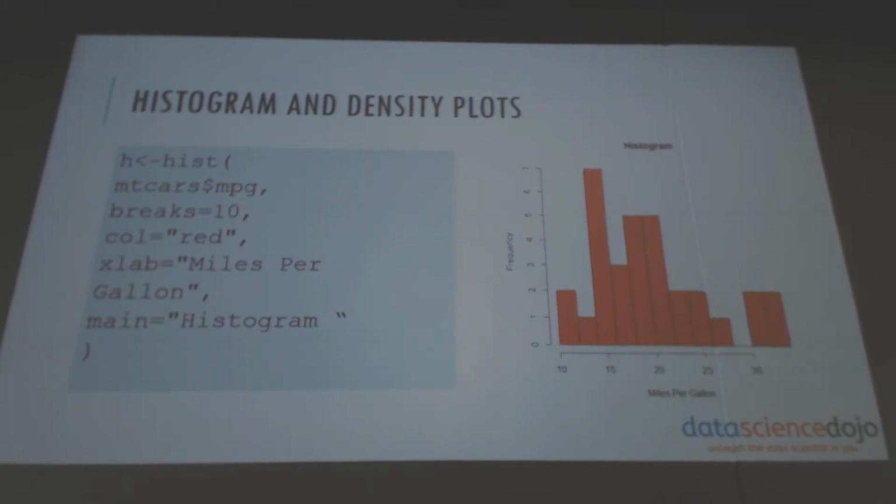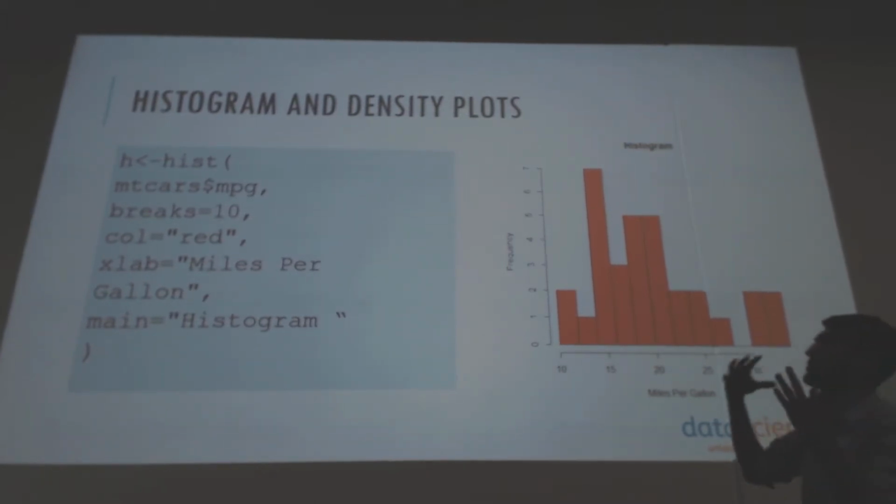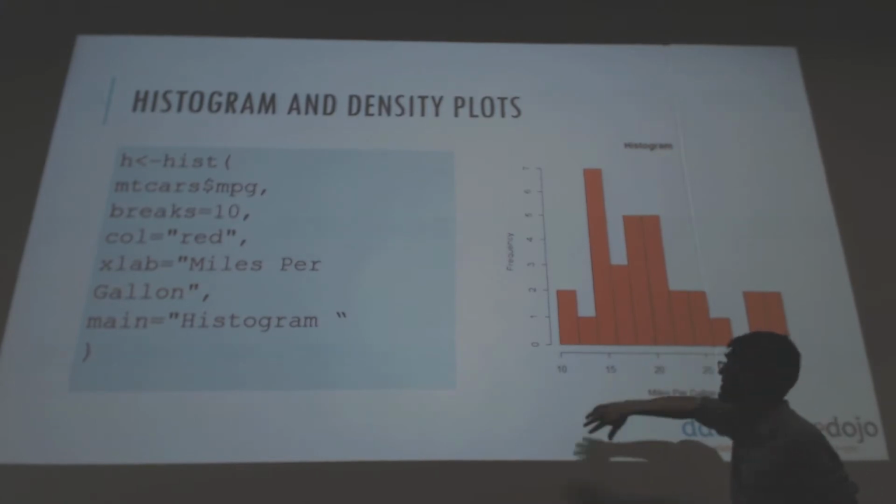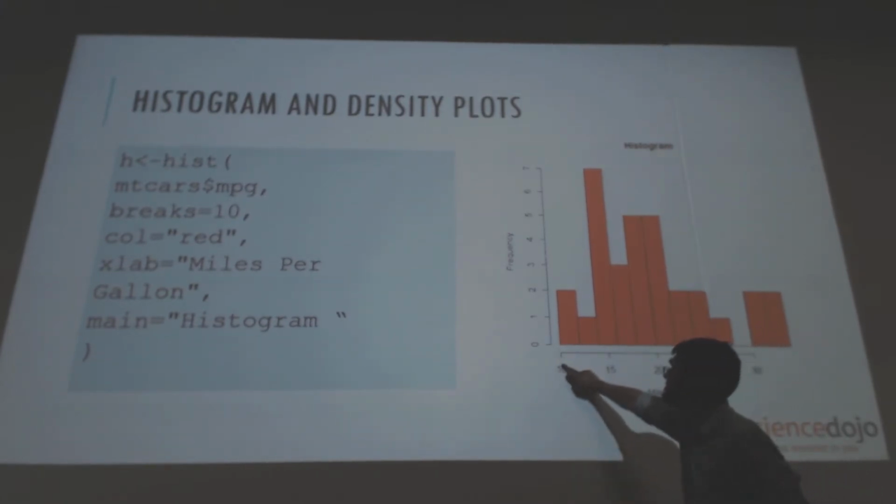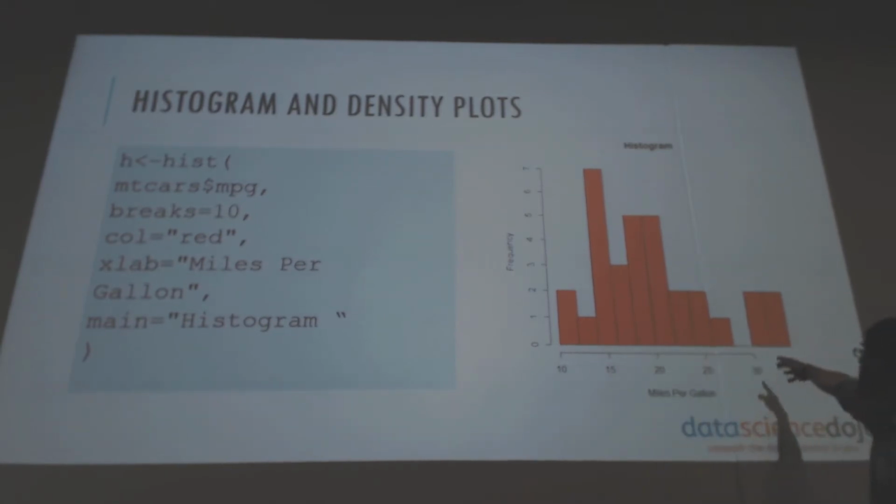So you are getting some buckets there, and if you look at the syntax here, this is another data set, called the motor cars data set. And what I'm doing is plotting the miles per gallon. This is a bunch of cars that have different mileages, ranging from 10 miles per gallon to 30 miles per gallon, and I think even 35 miles per gallon.